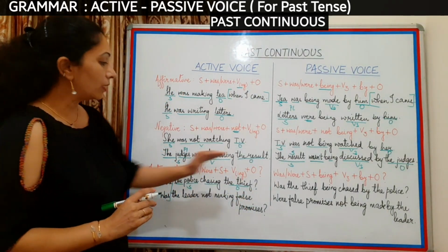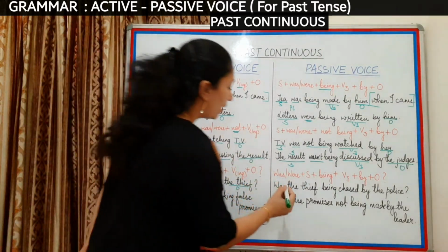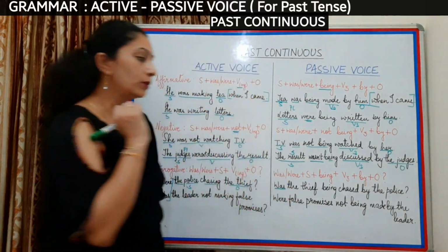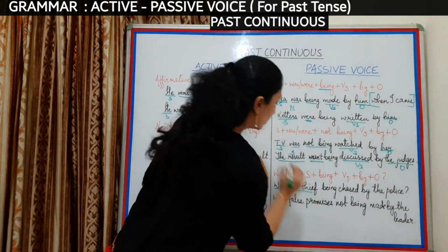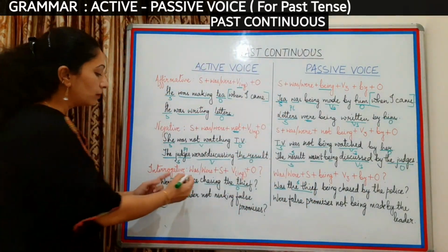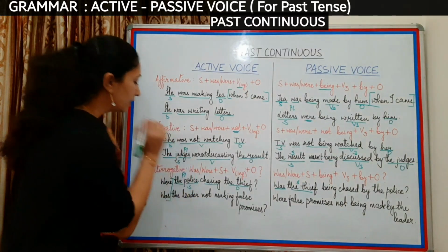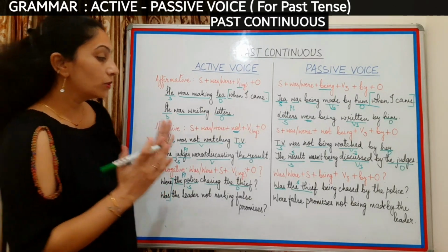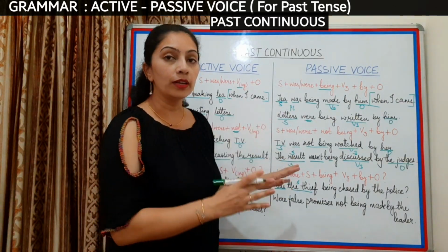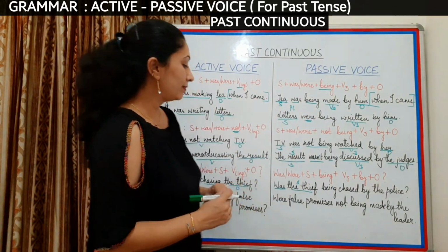So now this will change into passive voice and I will have was as the question word here. Why? Because the thief here is singular, whereas in active voice the police is taken as plural, and that is why I had the question word were. So change the helping verb according to the subject.